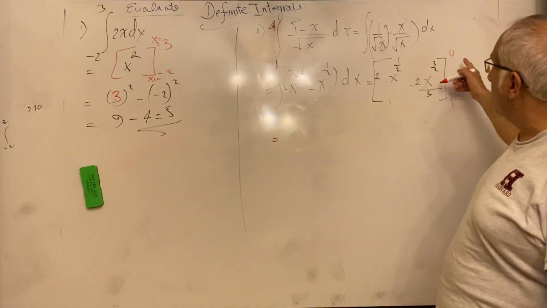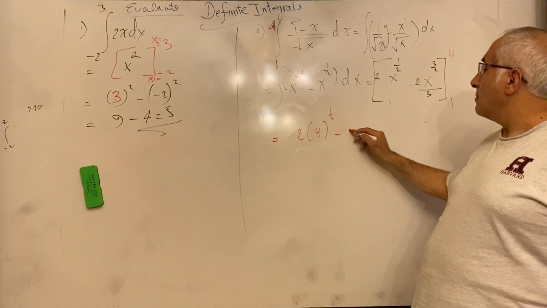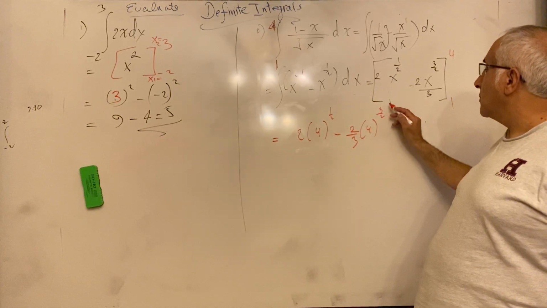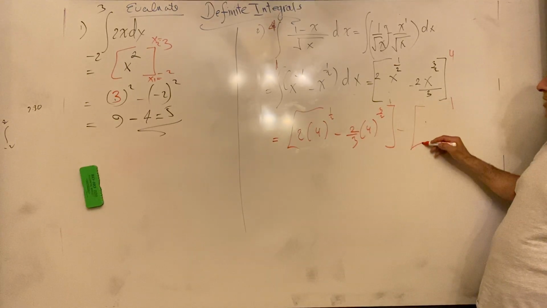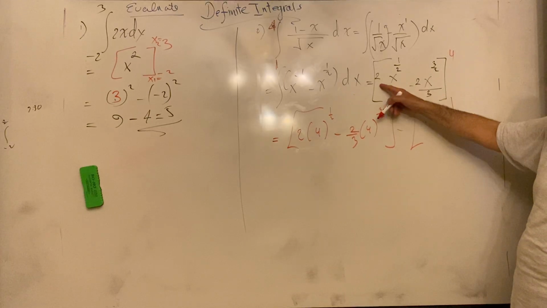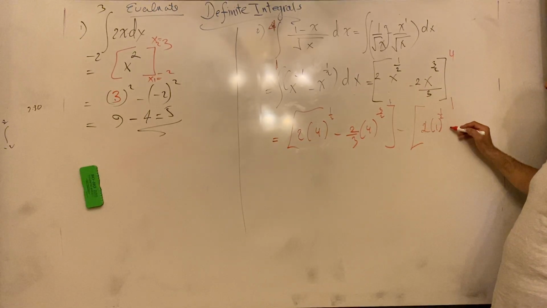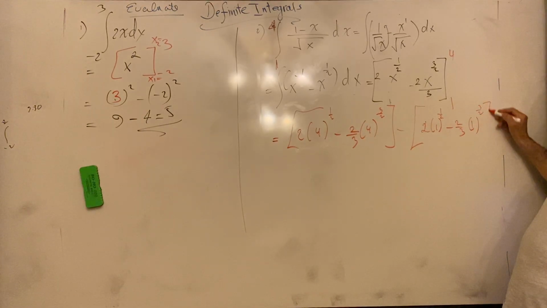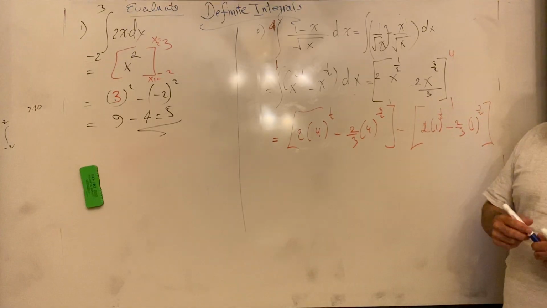So we're going to substitute 4 in everything first. 2 times 4 to the power half minus 2 over 3, 4 to the power 3 over 2. That's the first thing. Minus, you're going to plug the 1. 2 times 1 to the power half, minus 2/3, 1 to the power 3 over 2. So, ladies and gentlemen, let's use calculator or use our brains.